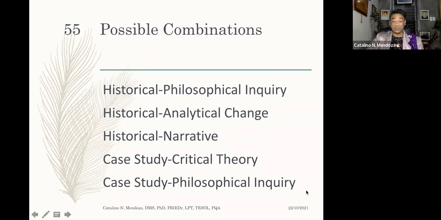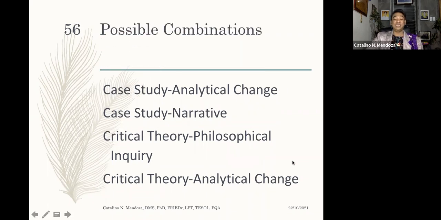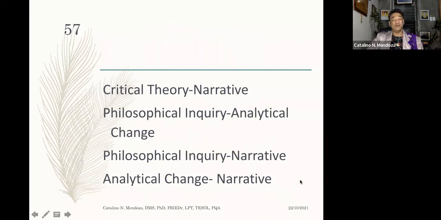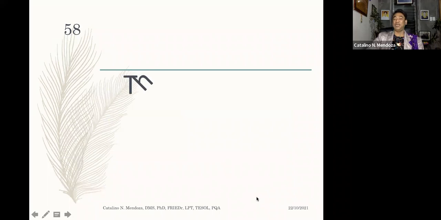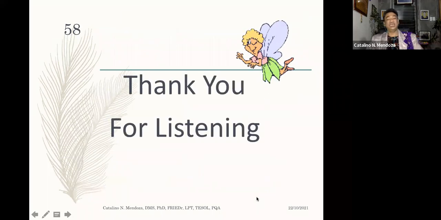And the last ones: case study critical theory, case study philosophical inquiry, case study analytical change, case study narrative, and also critical theory and philosophical inquiry, critical theory and analytical change, critical theory and narrative, philosophical inquiry and analytical change, philosophical inquiry and narrative, and analytical change and narrative. Those are the possible combinations of what we call the mixed method under triangulation.